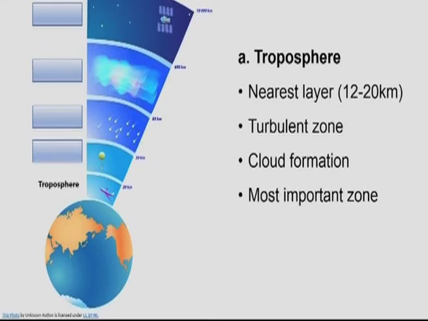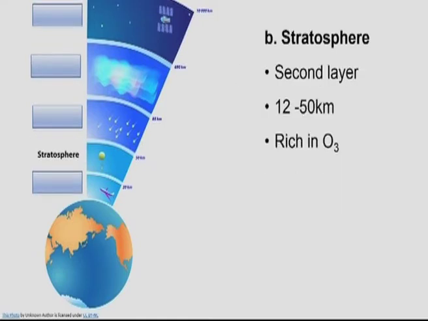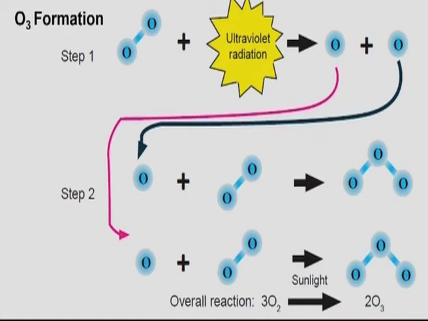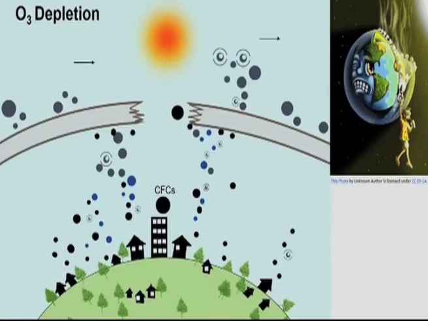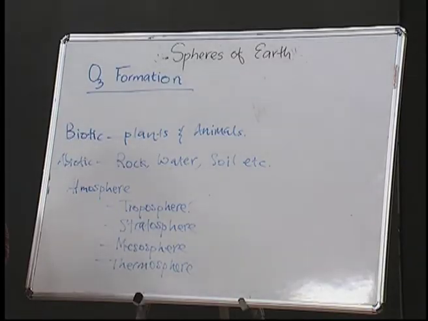Troposphere is the nearest layer to the Earth. As I said, it is the nearest layer to the Earth. It is about 12 to 20 kilometers from the Earth's surface.